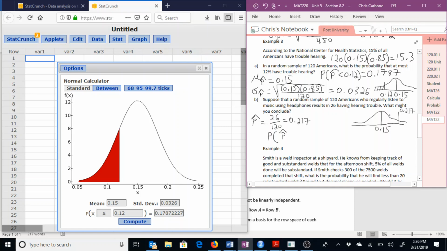So trying to determine what we want to say about that would be about whether or not it's unusual in that regard. So we want to find the probability that p hat is greater than that value of 0.217.